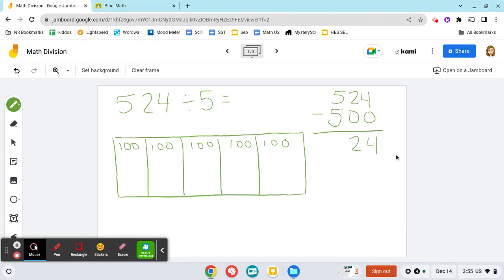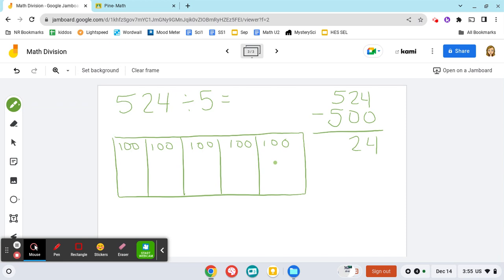Now, can I do groups of 10 into each of these boxes? Nope, I would need 50 and there's only 24 left. So now we have to go into groups of our ones. So I could do 1, 1, 1, 1, 1. I could do that, but that's going to take a little bit of time. So let's try and do, what about 2? 2, 4, 6, 8, 10.